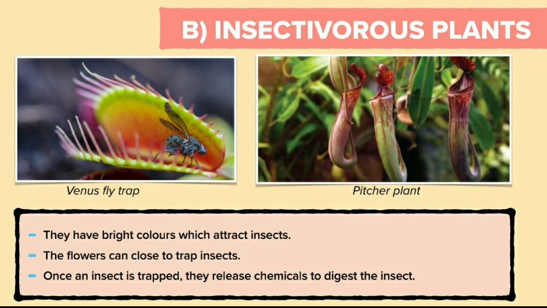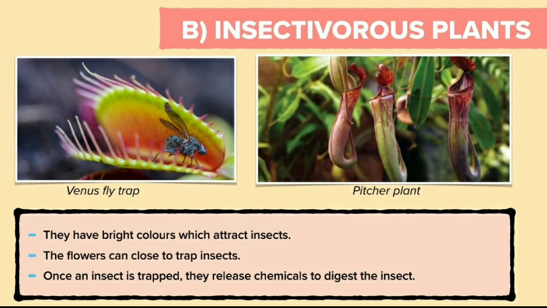So we have seen how some plants feed upon insects to obtain nutrients. For example, a Venus flytrap and a pitcher plant, as you can see on your screen, children. These insectivorous plants generally grow in soil or water deficient in nitrogen compounds. Okay, have you understood, children?